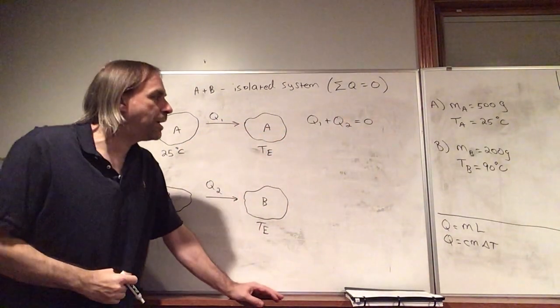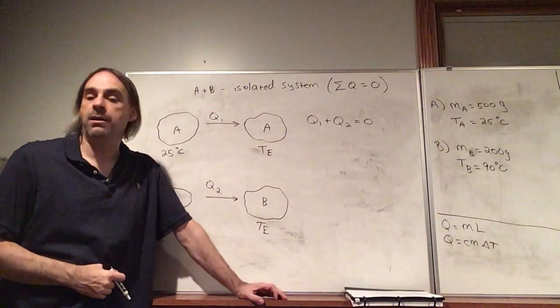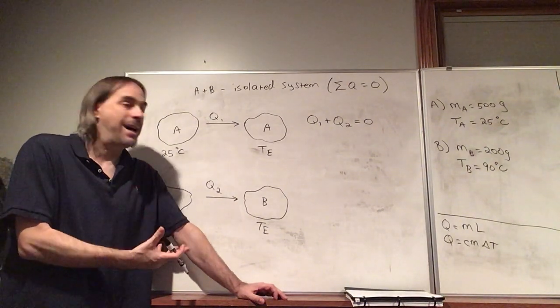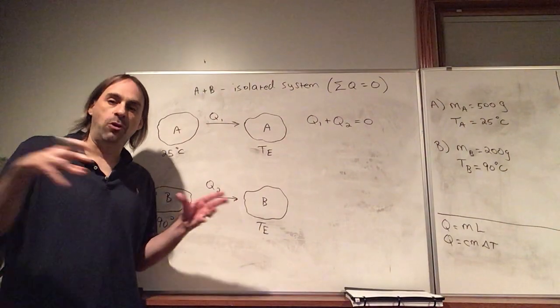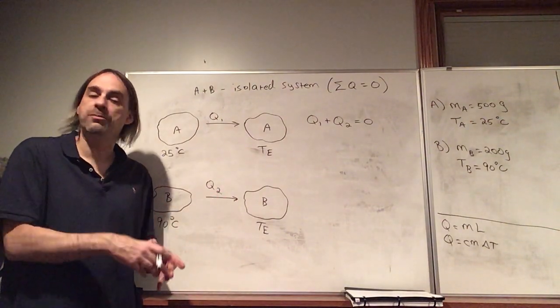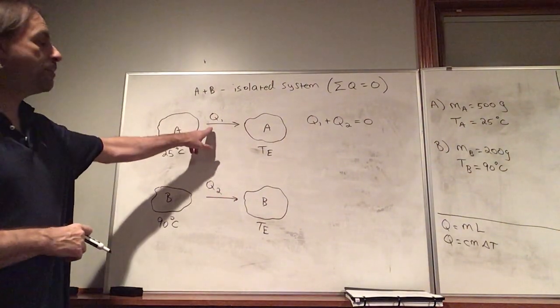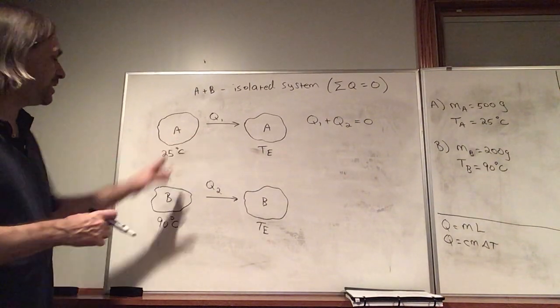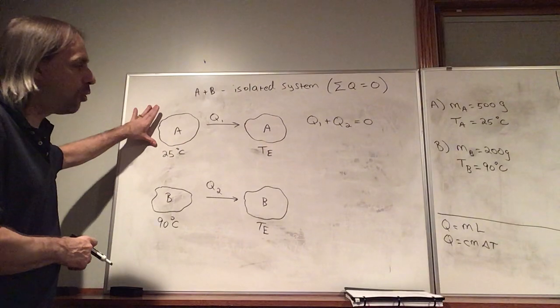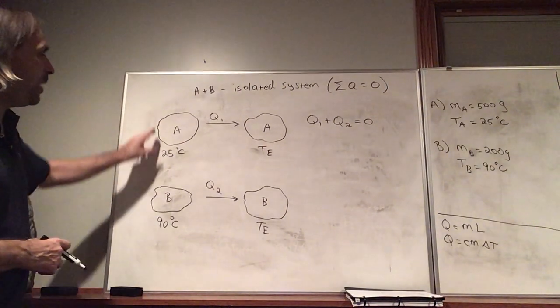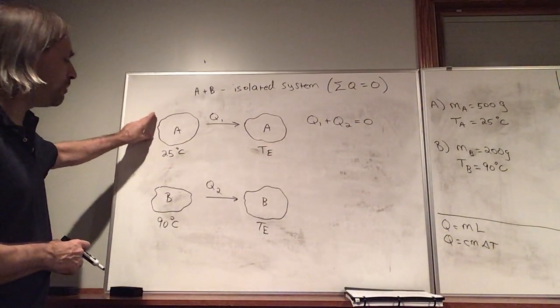Now, the thing we have to be careful about is in order for these to add up to 0, if one's positive, the other has to be negative. Remember our convention, if heat flows into a substance, Q is positive. So we should expect Q1 to be positive because heat's flowing from the hotter substance into the colder substance. And so A is gaining heat, so Q1 is positive.